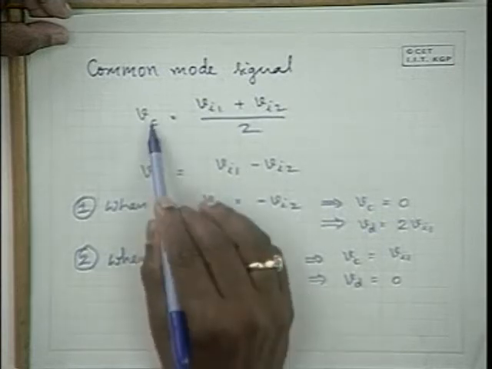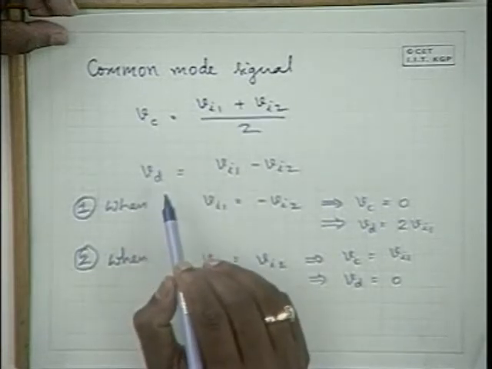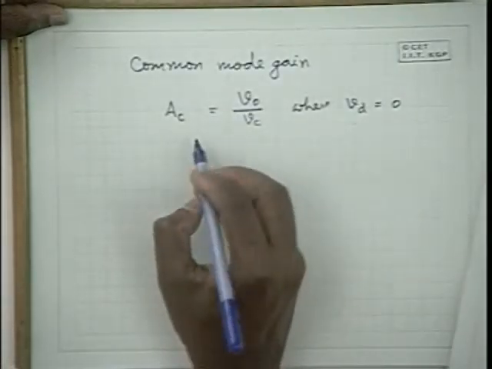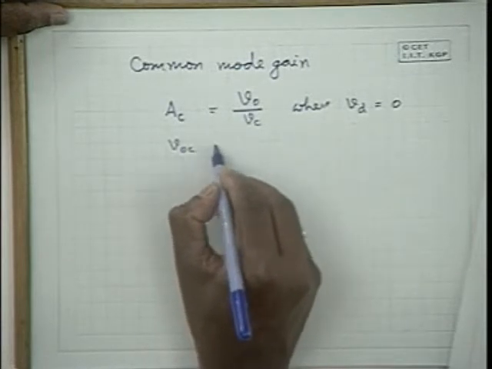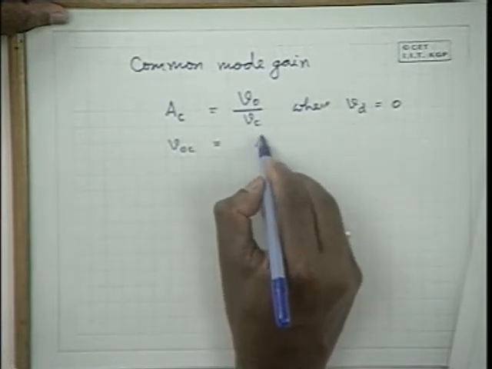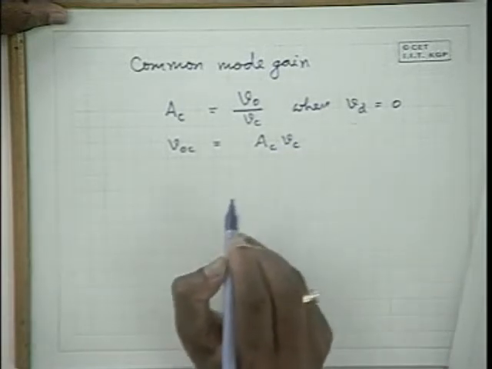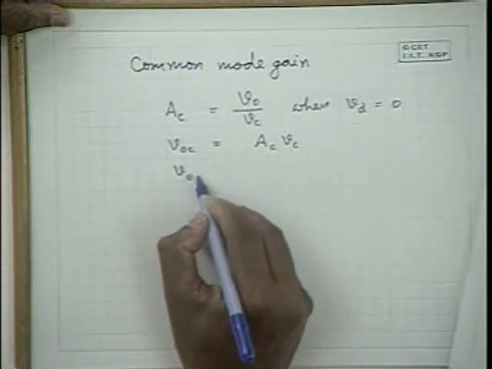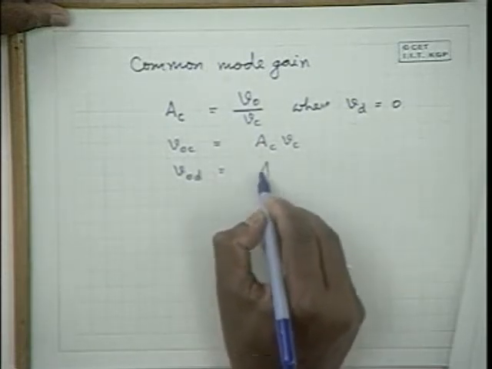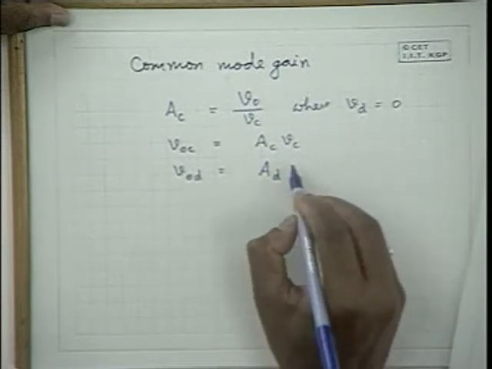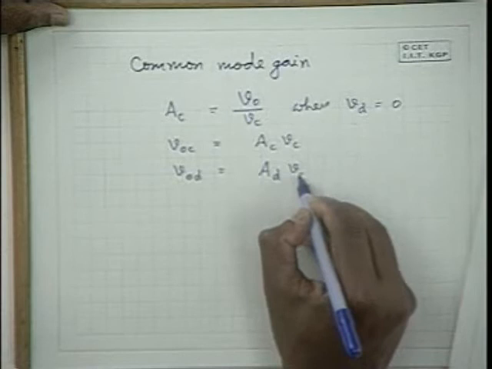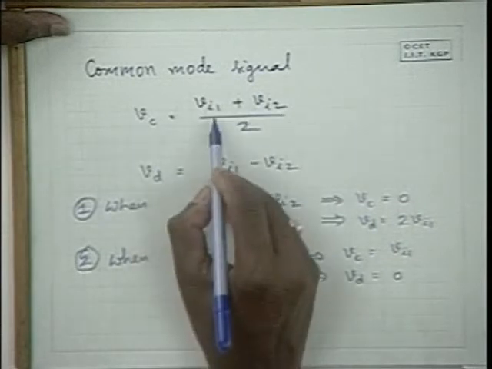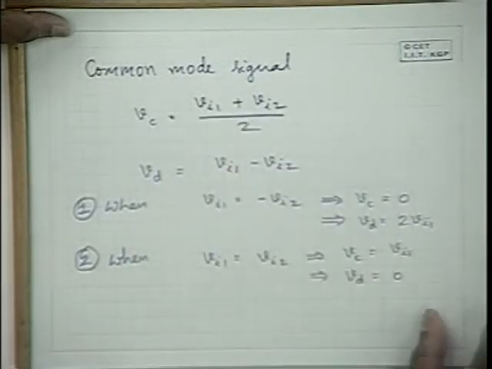Now, since both are present, you will have a common mode component VOC, which is equal to AC into VC, the common mode part of the signal. And you will get a differential component which is equal to the differential gain multiplied by the differential signal. So VC and VD are these, (Vi1 plus Vi2) by 2 and Vi1 minus Vi2.